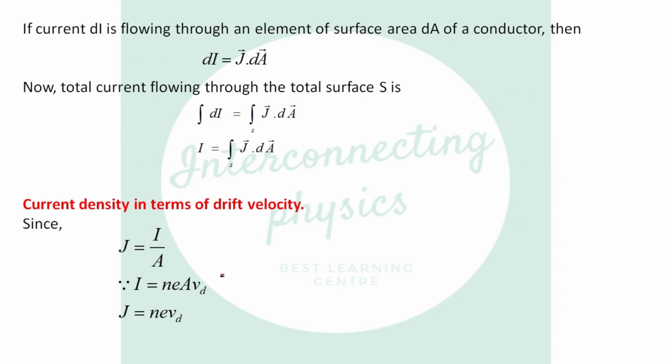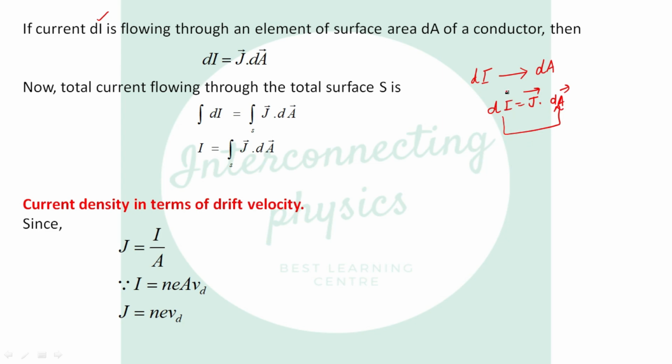Now current density can be written like this. Suppose a small electric current dI passes through an element of surface area dA, then we can write dI equal to J dot dA. That is for a small current and small area element.